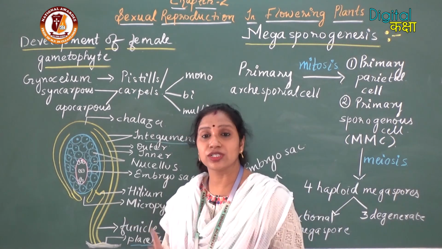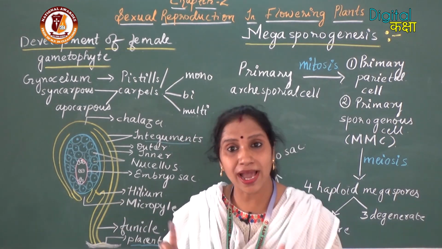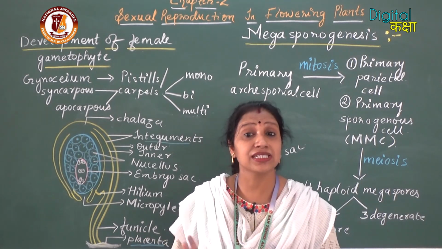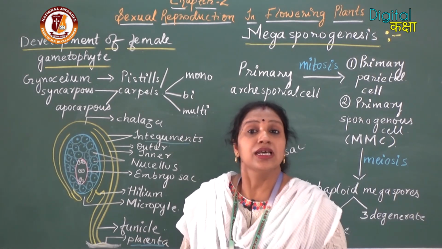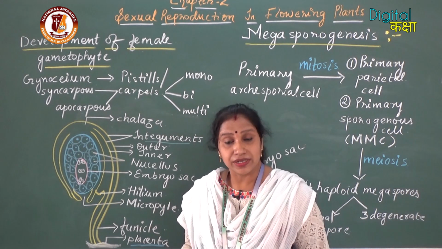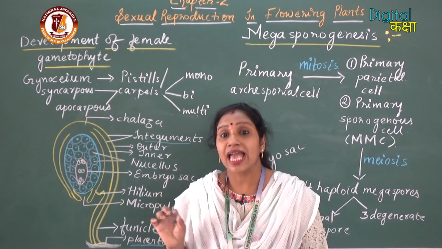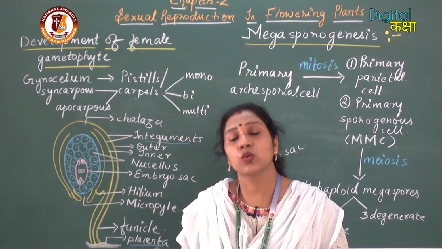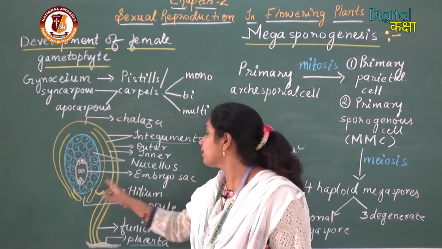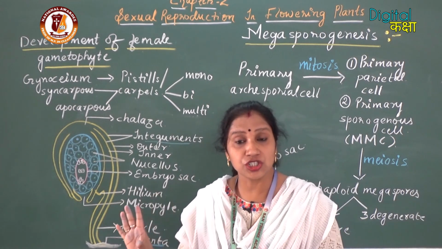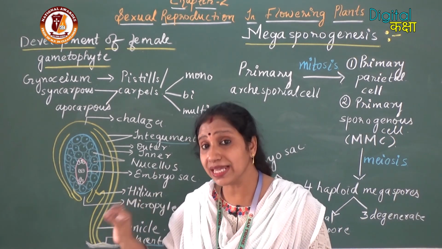Now, what is the utility of this micropyle? Why is the integument absent in this region? Number one reason for this is that the pollen tube carrying the male gametes will enter through this micropyle. The pollen tube will be carrying the male gametes.